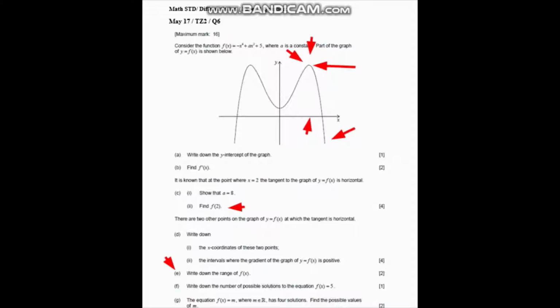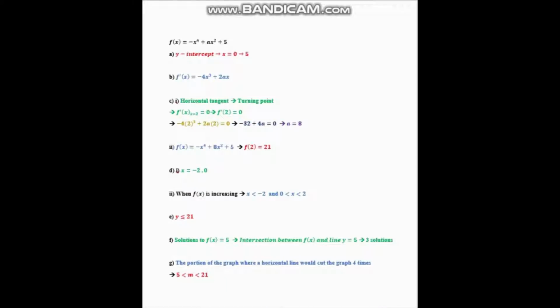Hence, the function exists for all values less than or equal to the value I found here. Hence, y is less than or equal to 21 from C(i).